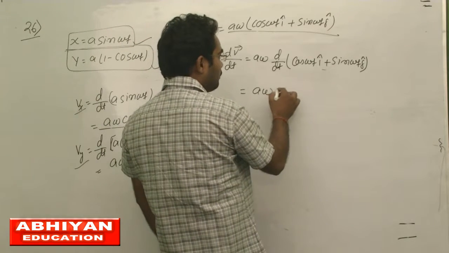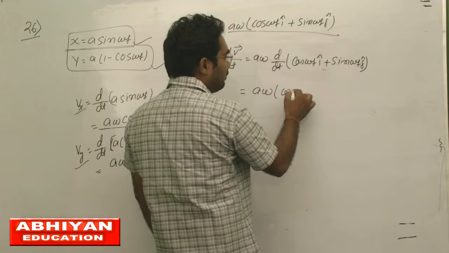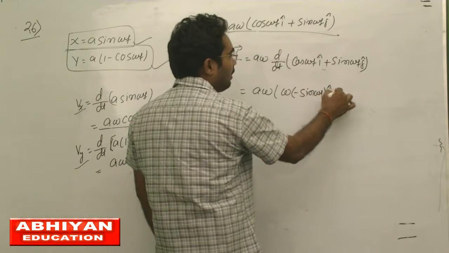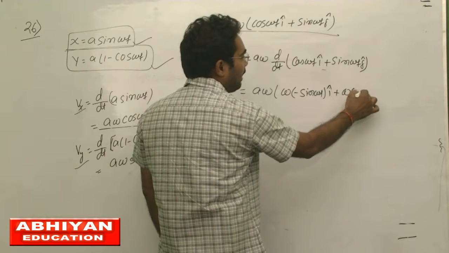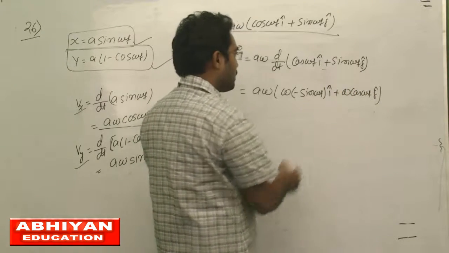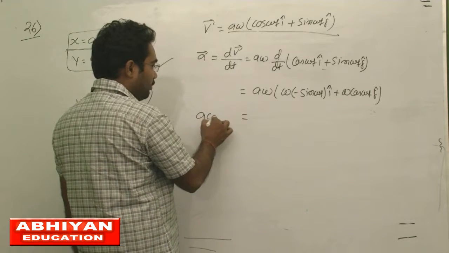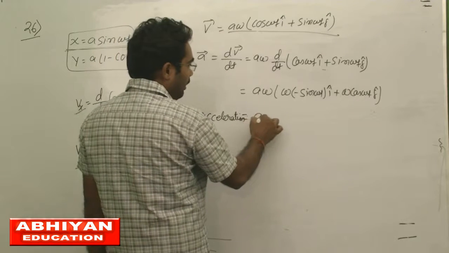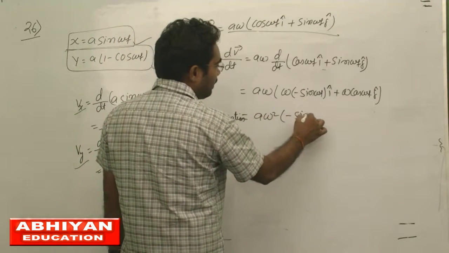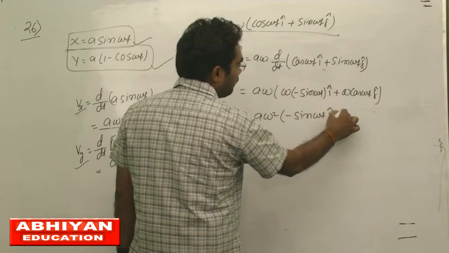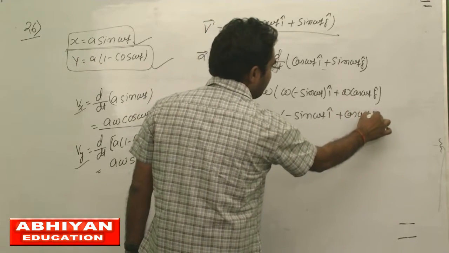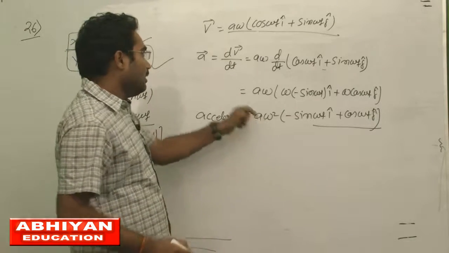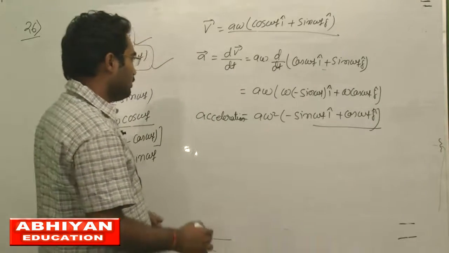So the acceleration equals a omega square times minus sin omega t i plus cos omega t j. This is the acceleration vector and this is the velocity vector.